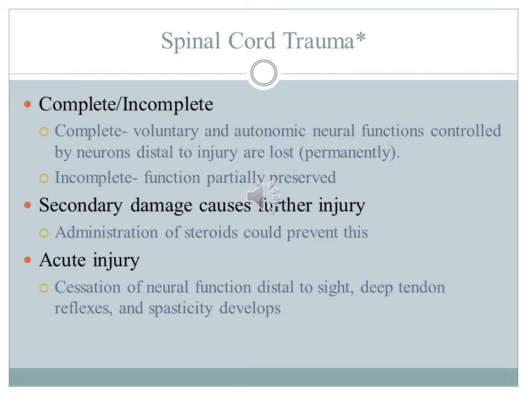So whatever level the spinal cord gets damaged at, everything below that level will be lost permanently. If there's an incomplete injury, you may be able to partially preserve some of the function. It just depends on the extent of the damage.